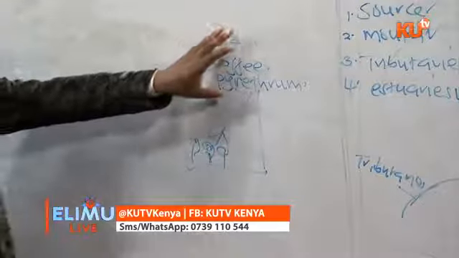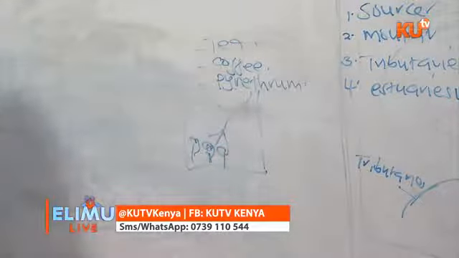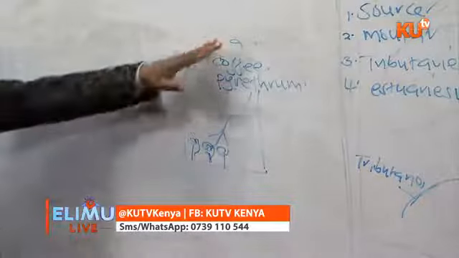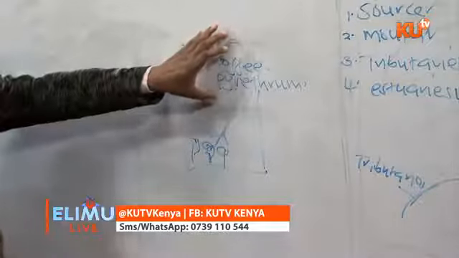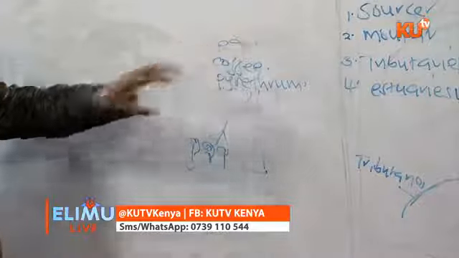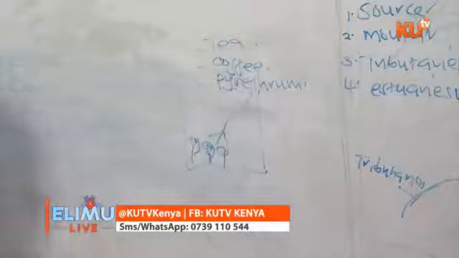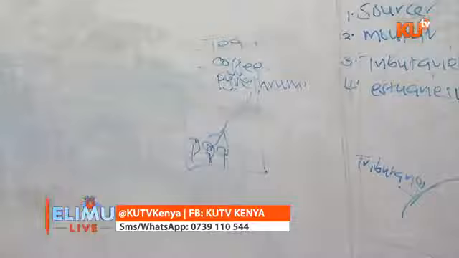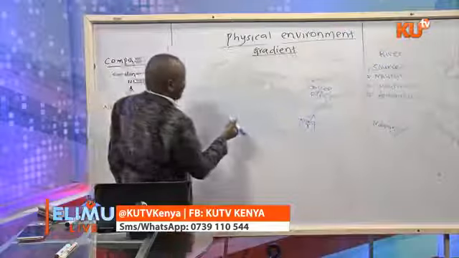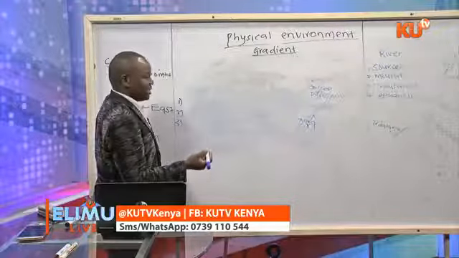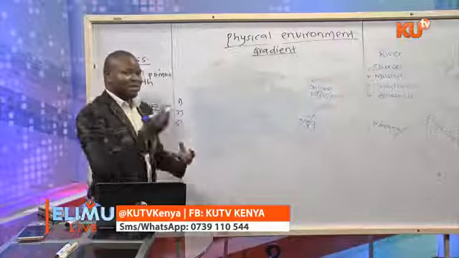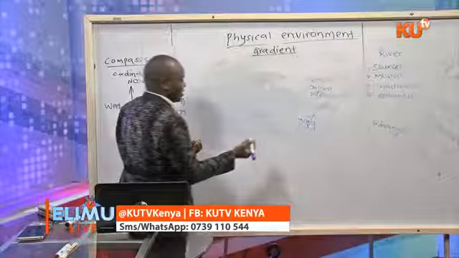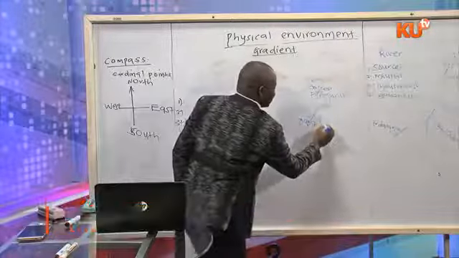And which type of soil? The type of soil is what you call the red volcanic soil. These crops are likely to do better in the red volcanic soil. As I take you through, we can also find other things like the physical features, the mountain. This is the mountain.